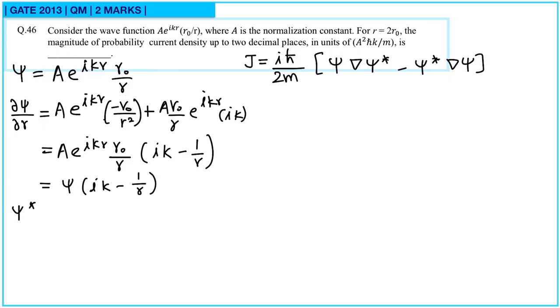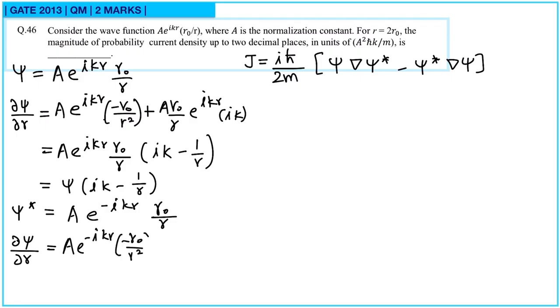Next we have psi star, just change the sign of i. So this will be A e raised to minus i k r into r naught by r. So now dou psi star by dou r is equal to A e raised to minus i k r, then we have minus of r naught upon r square, then here we will have A r naught by r e raised to minus i k r into minus i k.